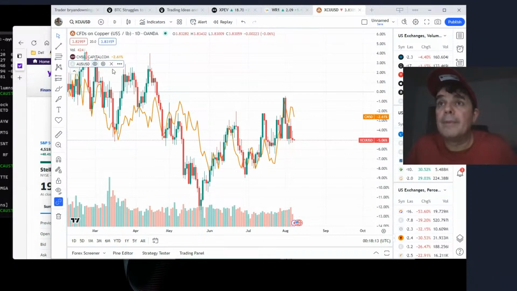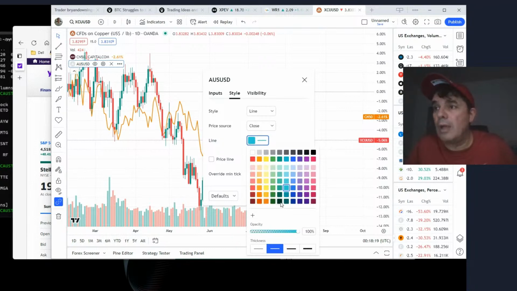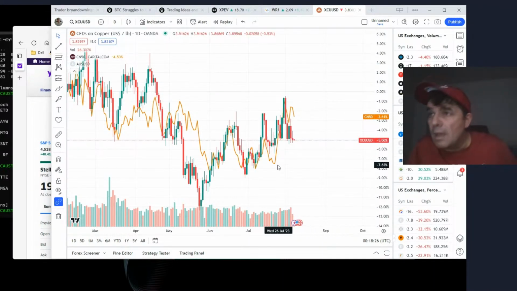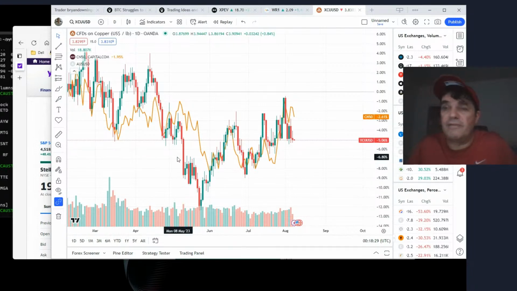I don't see the Australian dollar here. Let me change that color to red or purple, see if that takes. I don't see it. But anyways, if you overlay them with the Australian dollar, you could see that as well. But definitely copper, as well as the CN50, which is the Shanghai top 50 companies in China, move kind of together.